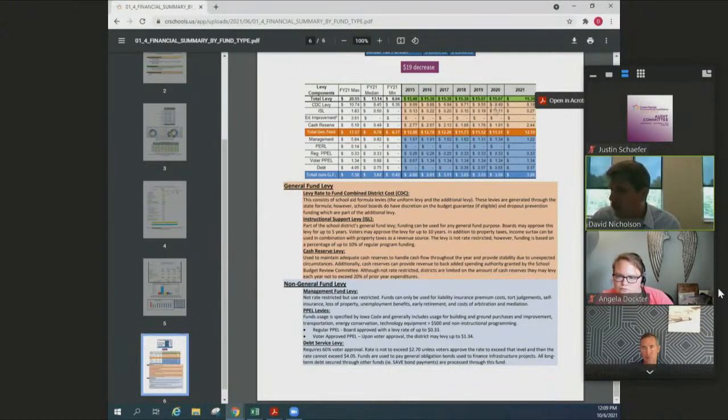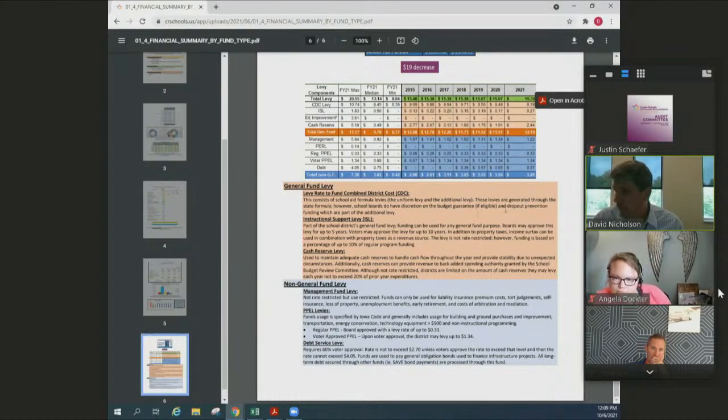So as you can see here, the levy rate to fund combined district costs. This is our overall levy rate through FY21 and FY22. Basically, it is the same levy. We kept it pretty flat going into next year, so we didn't really do an increase. The orange here ties out to the general fund levy components. You can see the combined district cost levy, and that consists of the school aid formula.